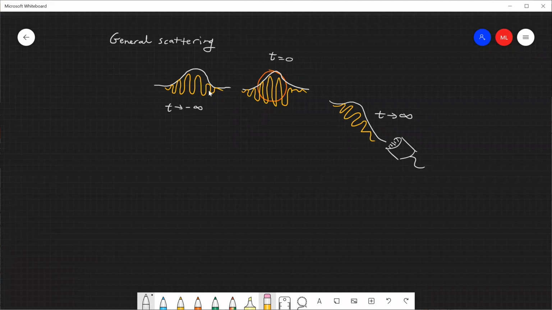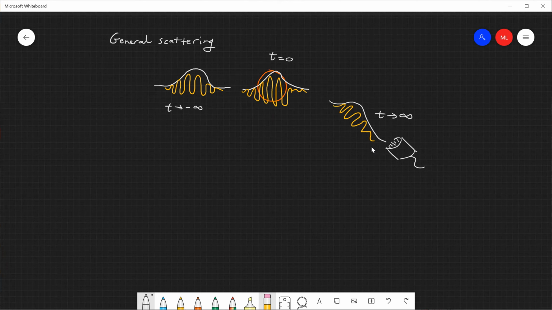Well, one is that you have an incoming plane wave far away, and you have some outgoing stuff. Those are the sorts of boundary conditions we're considering, and we can interpret those solutions as the scattering solutions. Towards the end, maybe next class, I'll tell you why it's okay to approximate this time-dependent process as a stationary process. But we won't get to that for a while.